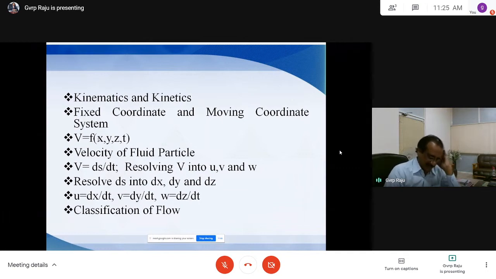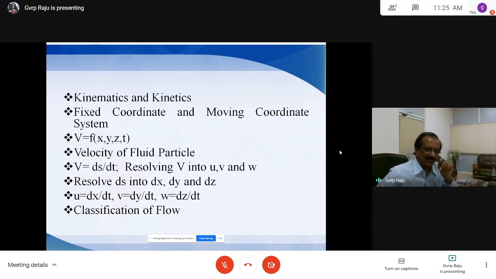Then how will you define the velocity of the fluid particle? If you take a solid, the velocity is measured for the body as a whole. Whereas a fluid consists of a number of fluid particles.